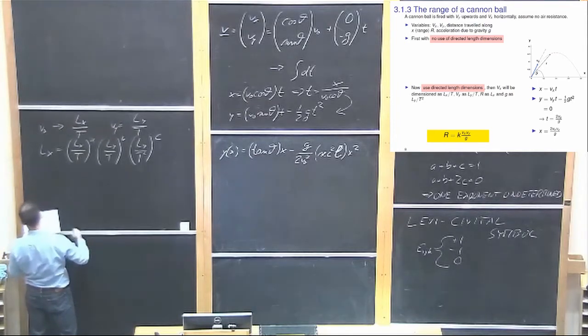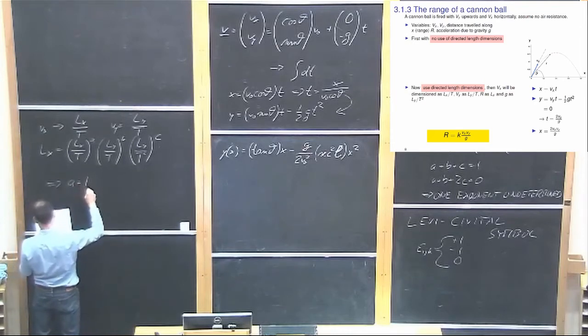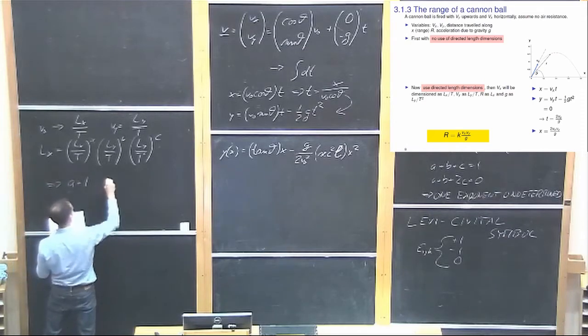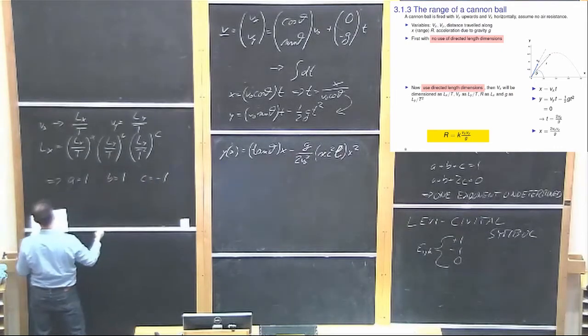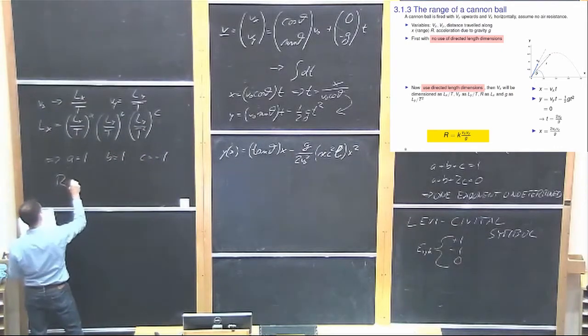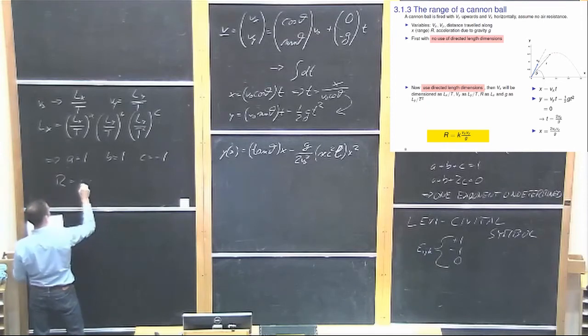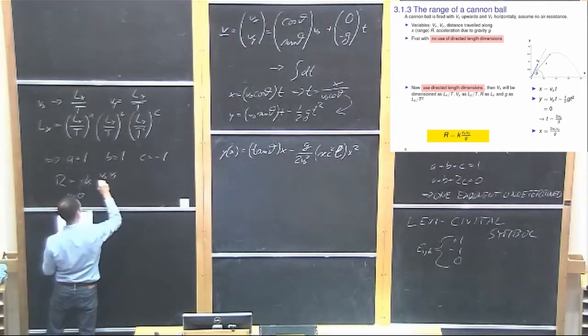With that we basically get a equals 1, b equals 1, and c equals minus 1, and we get as range, basically that's when y equals 0 again, k Vx Vy over g. Now that worked.